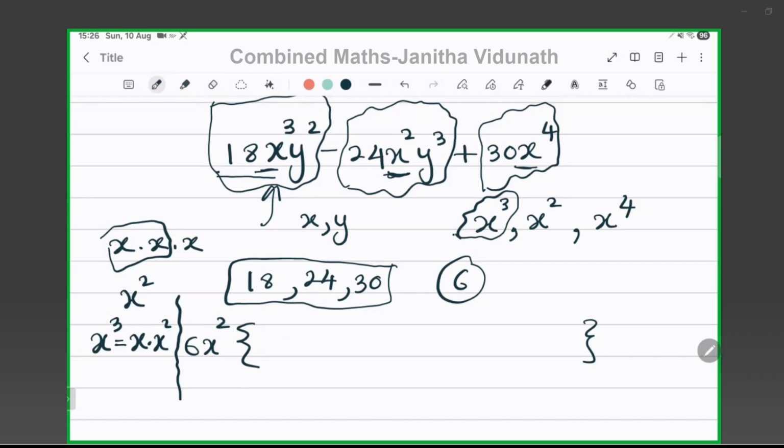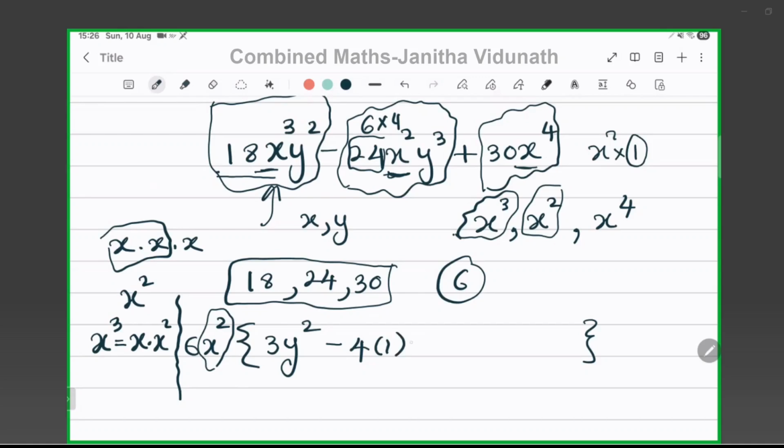Okay. In the first term, 6 and x square are common. Then there is 3 and y square. When we consider the second term, there is a minus sign, and 24 is 6 times 4, so there is a 4 remaining in the second term. And for the x square term, there is only x square, so x square vanishes and only 1 remains.